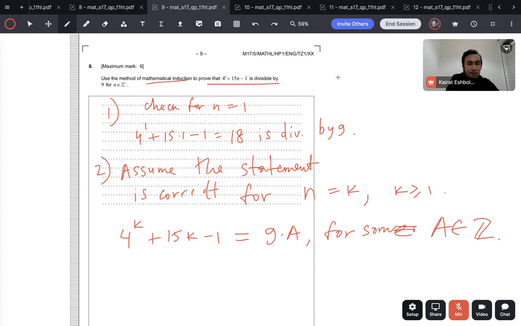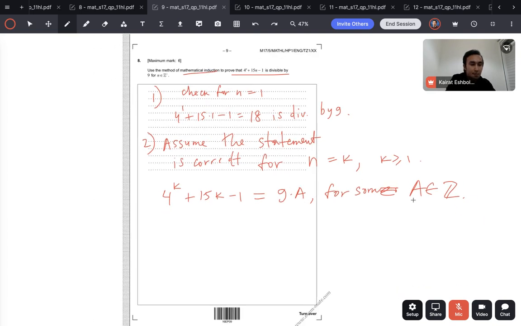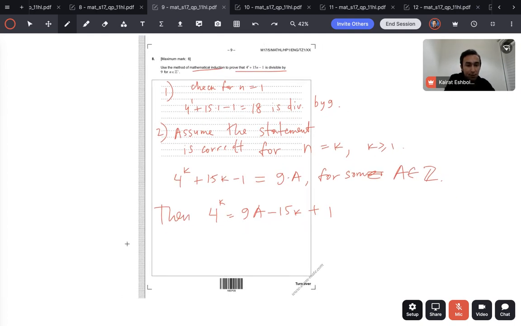A is some integer, a is an element of Z. Then you write: 4 to the power of k is equal to 9a, bringing 15k to the other side, and 1 also to the other side. Why do we do this? Because now let's extend it to k plus 1. So 4 to the power of k plus 1, what's this?